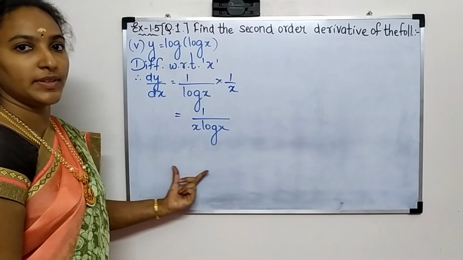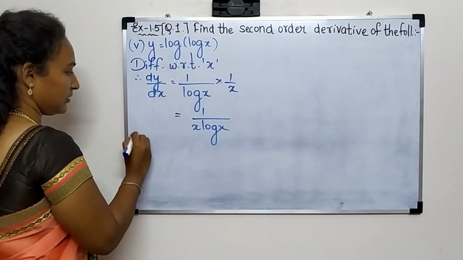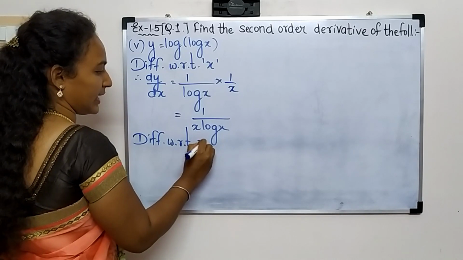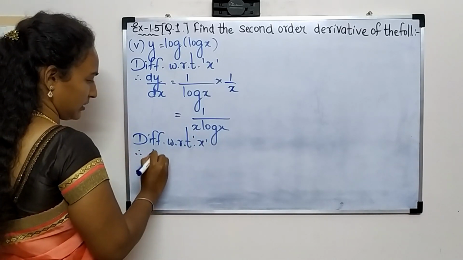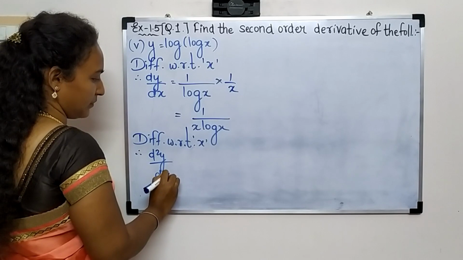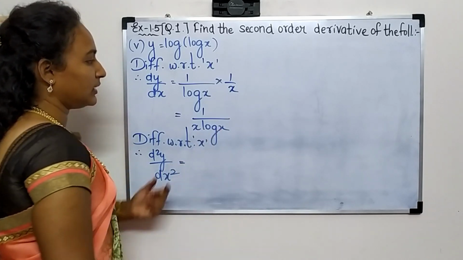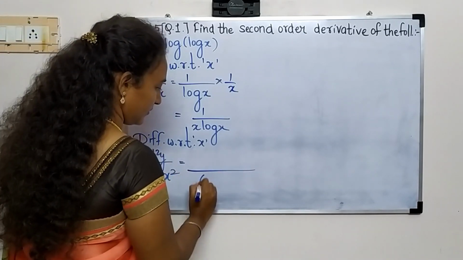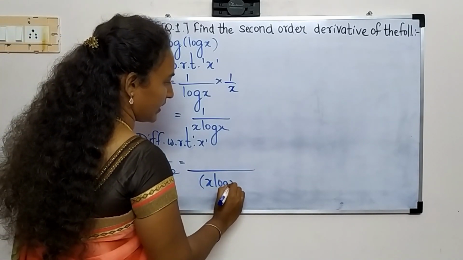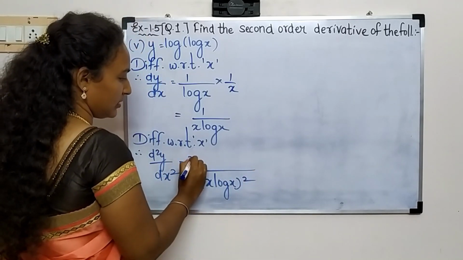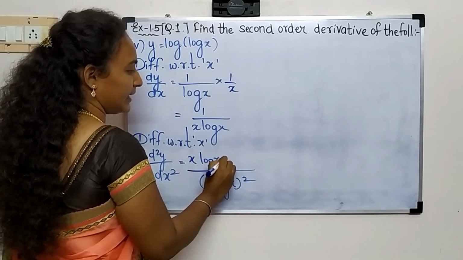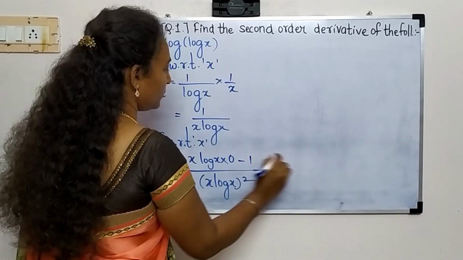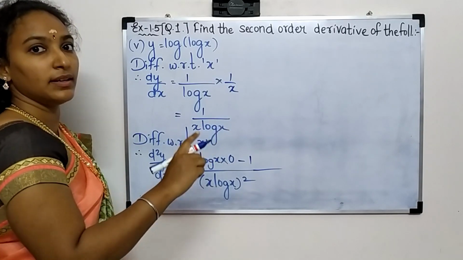Now let us differentiate with respect to x again. Therefore, d²y/dx² is equal to, here we will be using the u upon v rule. That is v², denominator square, v into derivative of u is 0, minus u, derivative of x log x, which will be the product rule.